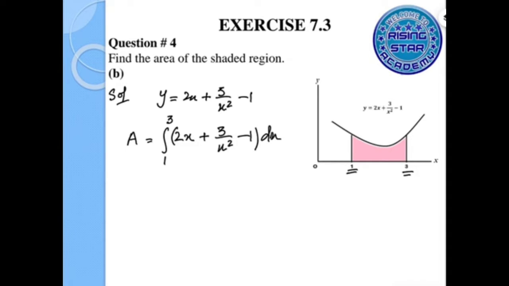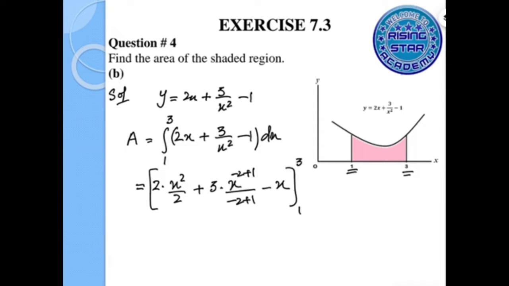Now we will take the integration. So 2 into x squared by 2, 3 into x to the power of minus 2 plus 1 over minus 2 plus 1, minus x, and limits are 1 to 3.